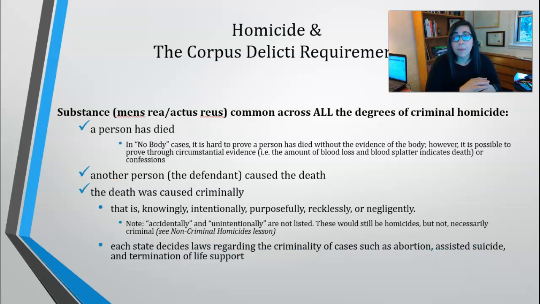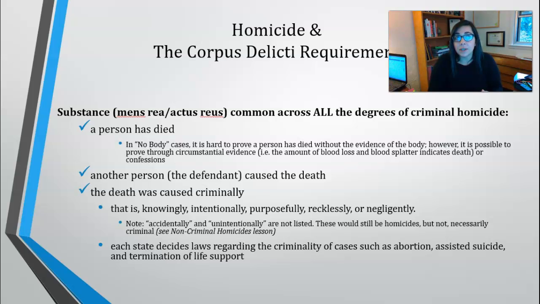The common ground among all homicide statutes, the features that go along with every single type of homicide, are the following. That a person has died. And we'll talk very briefly about how various jurisdictions define who constitutes a person, and whether or not there is the ability to prove that an actual person has died. If we don't have a body, how do we prove that somebody has died? These are factors to consider when we're looking at homicide statutes. That another person caused the death.